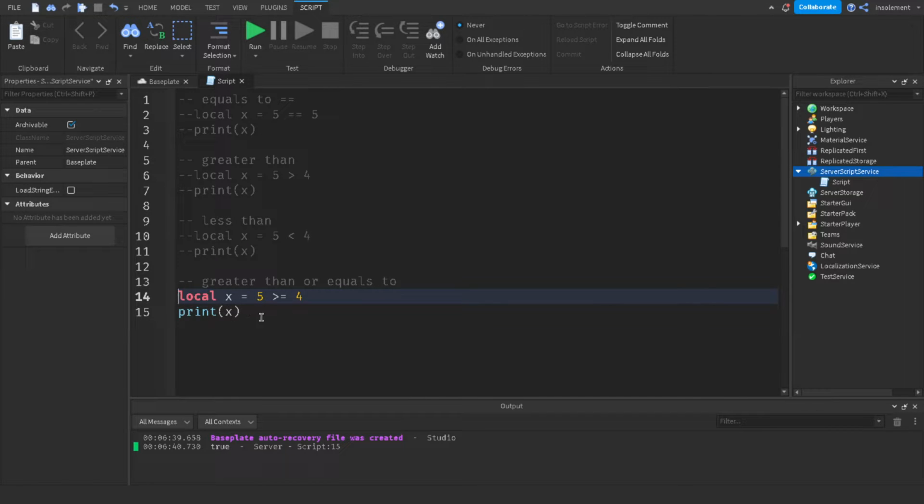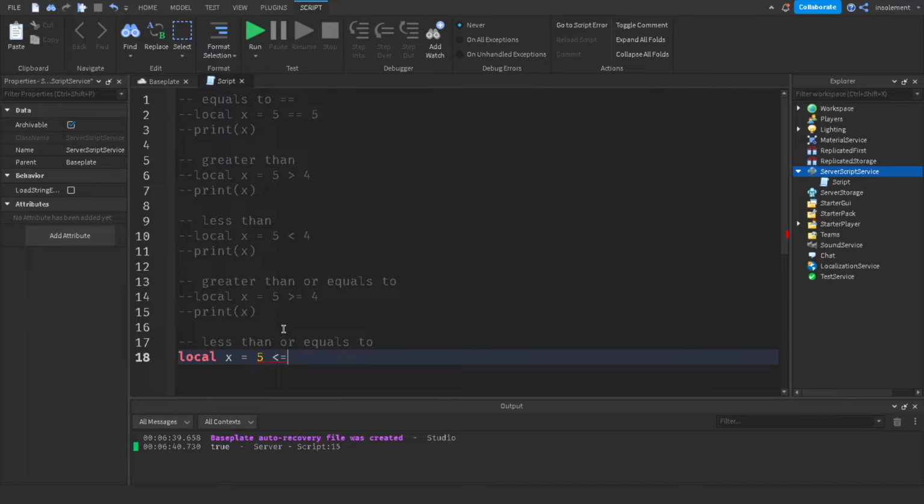Okay, so comment these. Our next operator is less than or equals to. So local x equals 5 less than or equal to 10. So 5 is less than 10. Even though it's not equal to 10, it is less than.